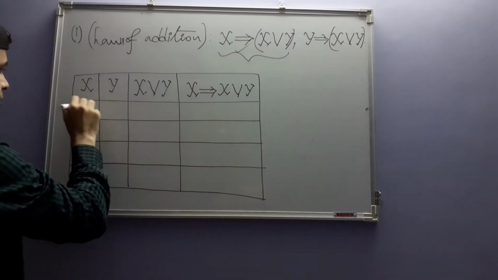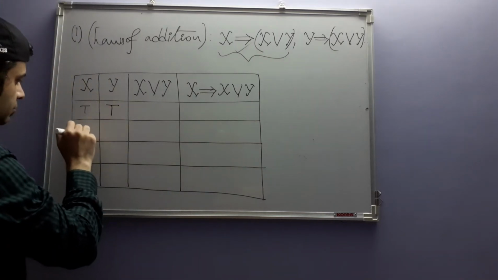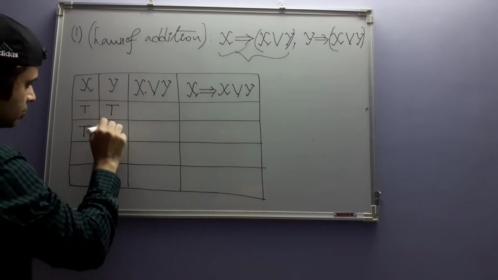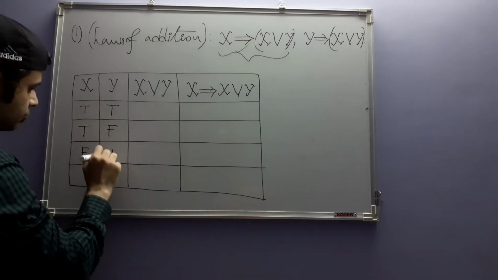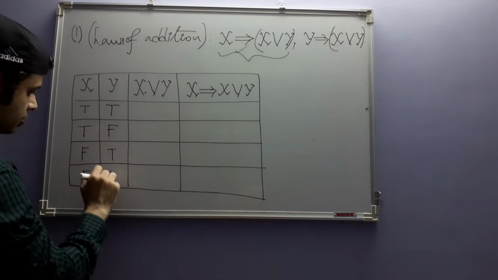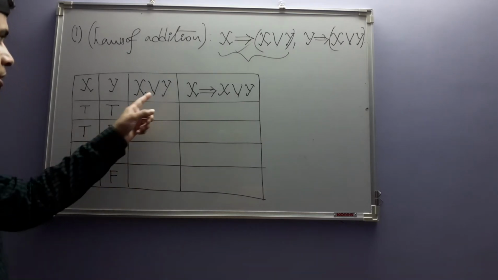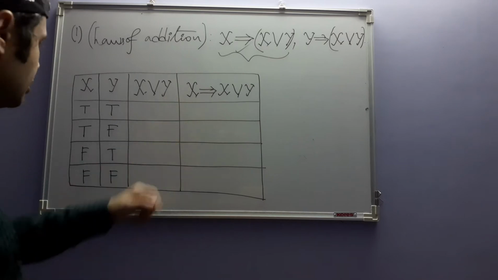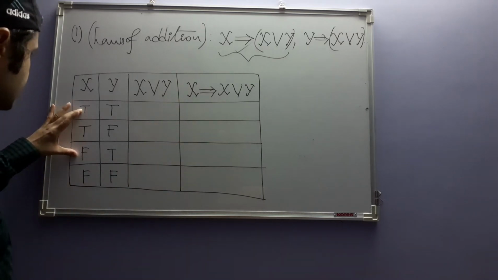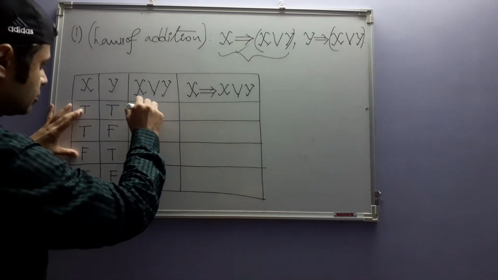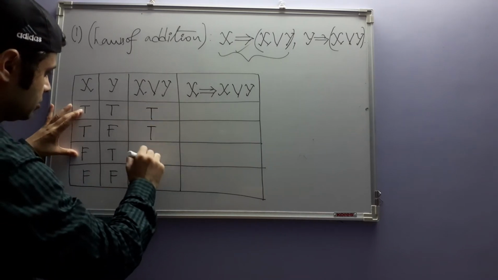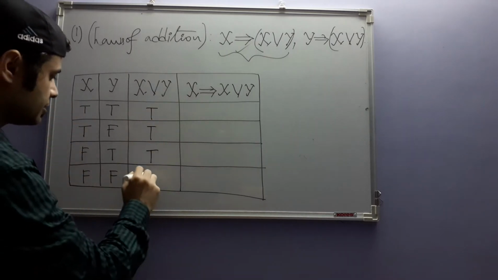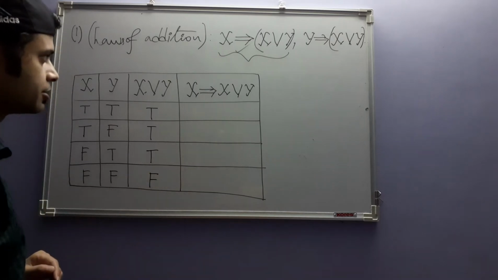So we quickly write the possibilities: false, true, false, false. Now disjunction is true if either of the statements or both of them are true. So in the first 3 cases, the disjunction is true. Only in the last case, the disjunction is false.